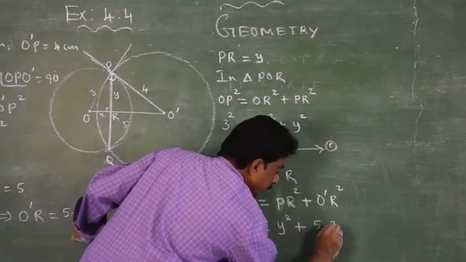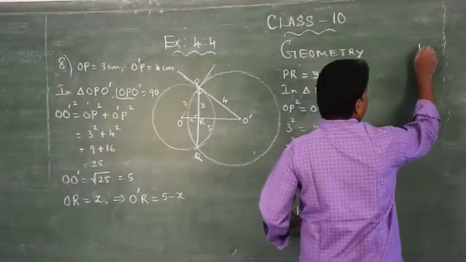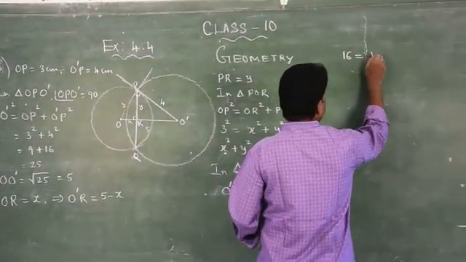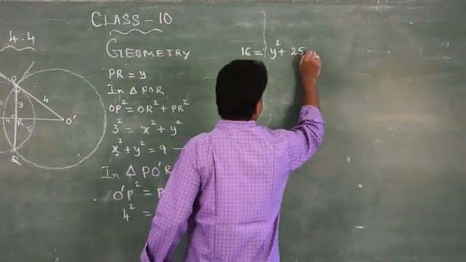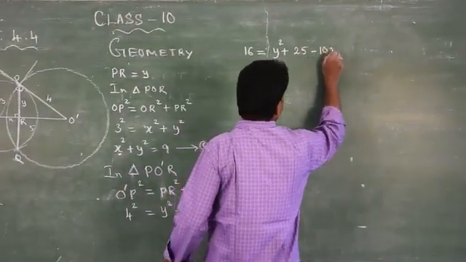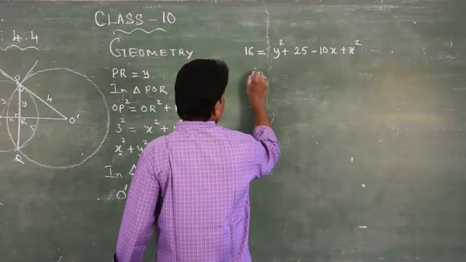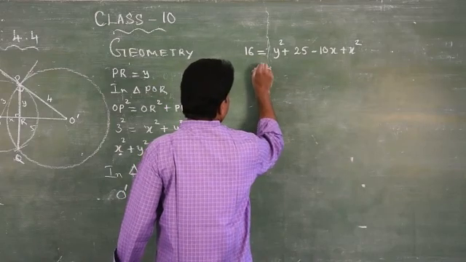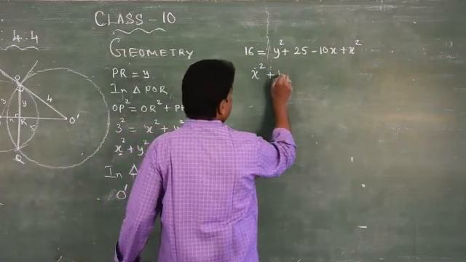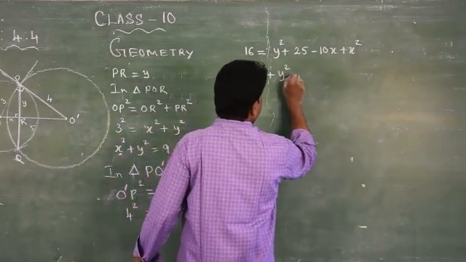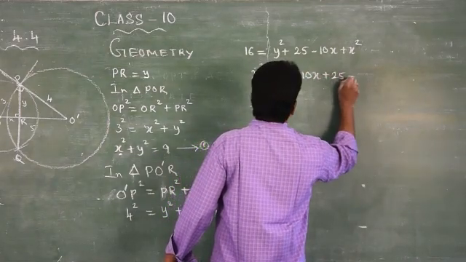So 16 is equal to y square plus 5 minus x whole square. When you expand, using the a minus b whole square formula, a square minus 2ab plus b square, 2 into 5, 10x, plus x square. That is x square plus y square minus 10x plus 25 equal to 16.